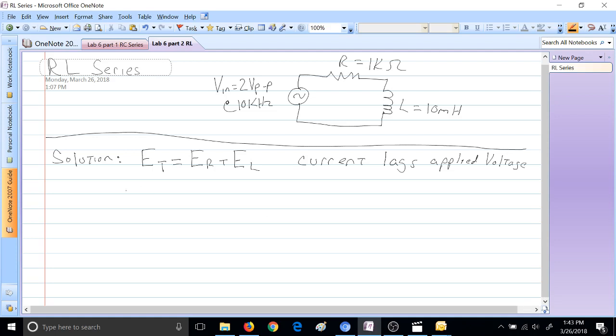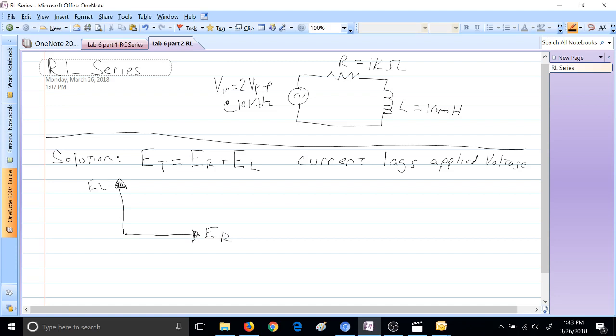And so what does that mean? If I were to draw an actual phasor diagram, this would be the applied potential across the inductor. Again, the potential across the resistor is always at 0.